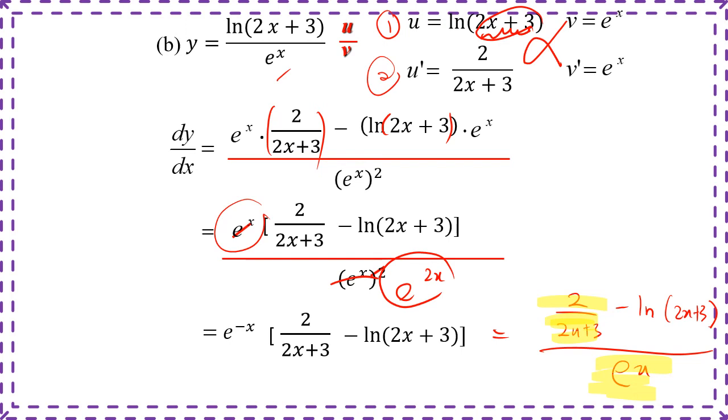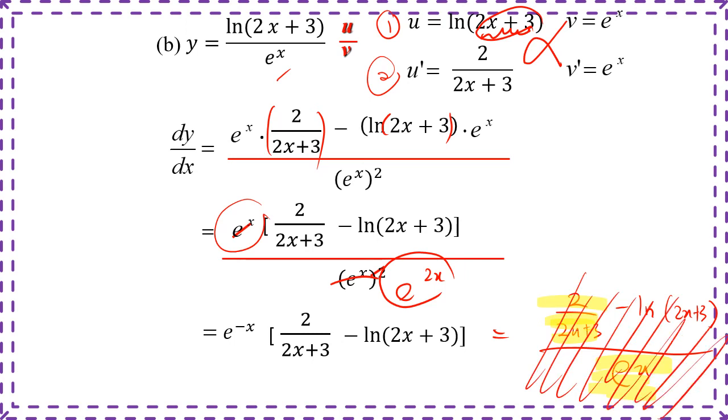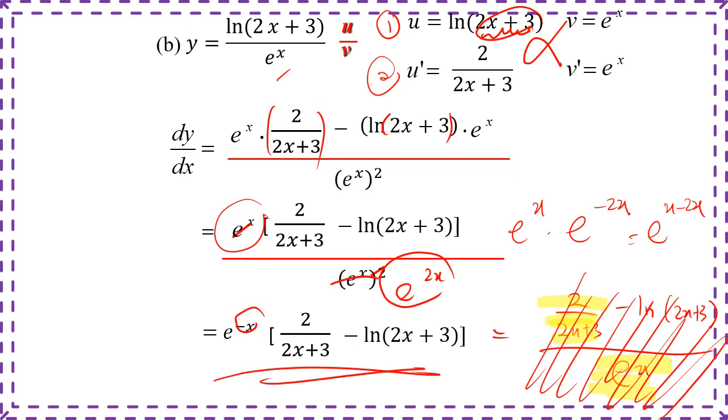So this is not the accurate way to write down the answer. So for this part, we need to bring up the e. It will be e to the power of x multiplied by e to the power of negative 2x, which is equal to e to the power of x minus 2x, which is equal to negative x. Okay?